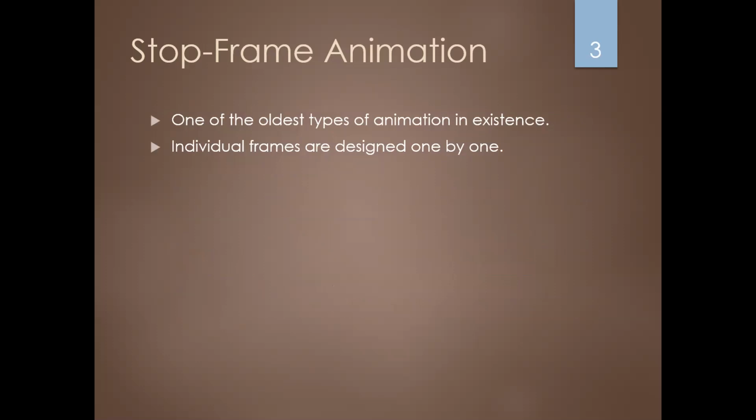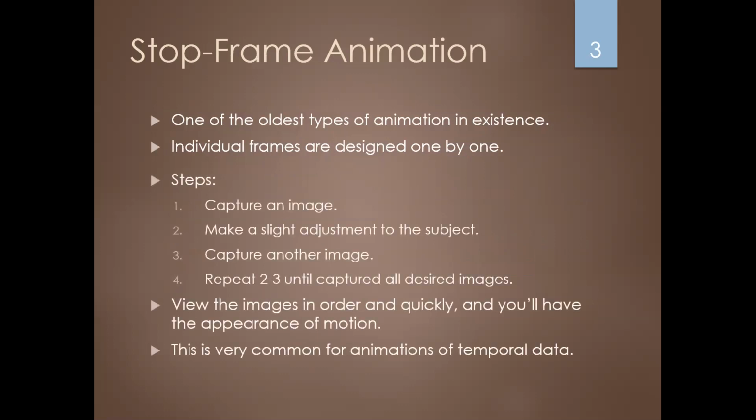Individual frames are designed one by one, and the steps are as follows. Firstly, you capture an image, and then you make a slight adjustment to the subject, and you capture another image of that subject again, but this time there will be a small change to the object in that image.